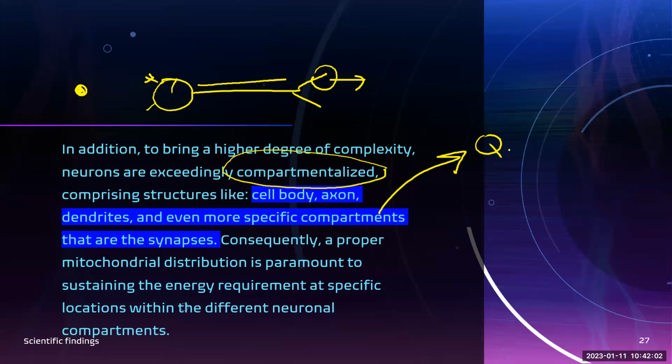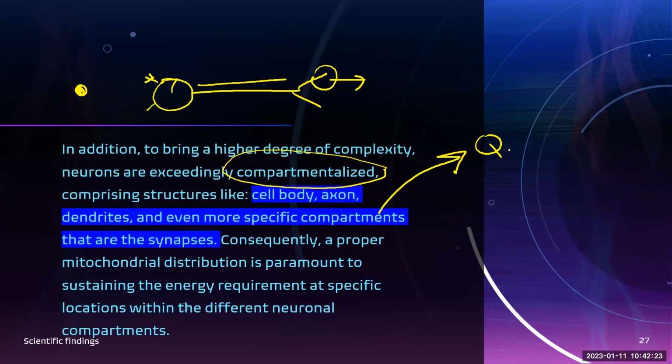Consequently, a proper mitochondrial distribution is paramount to sustaining the energy requirement at specific locations. Now, the energy demand is also different. So, based on the energy demand, mitochondrial localization is also important. For example, synapse energy requirement is high.